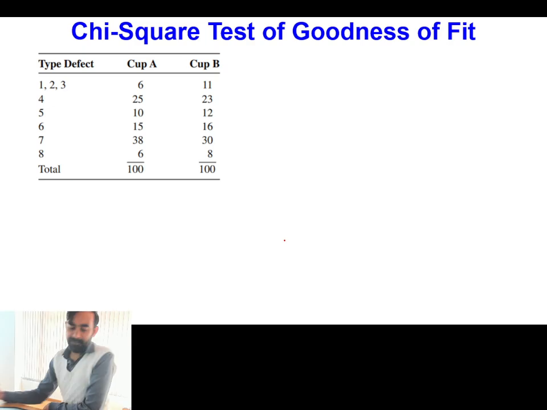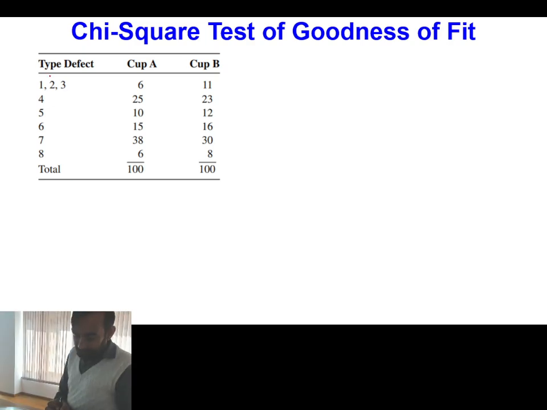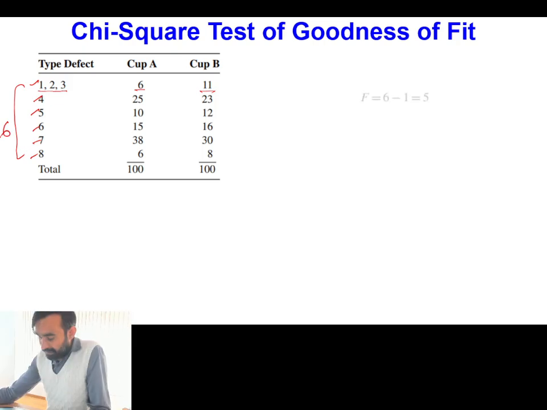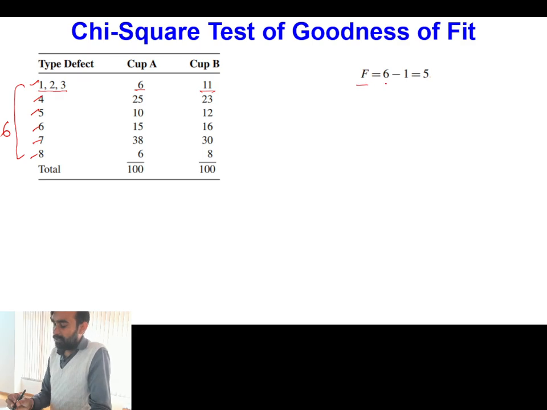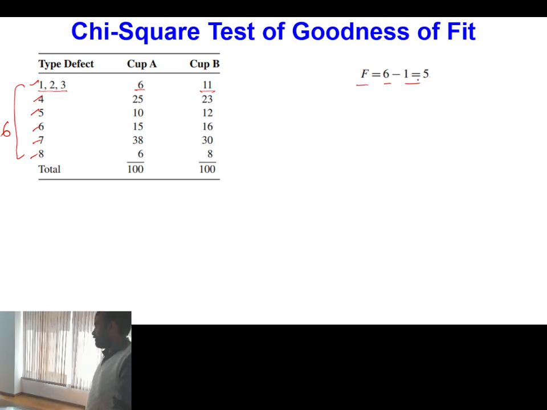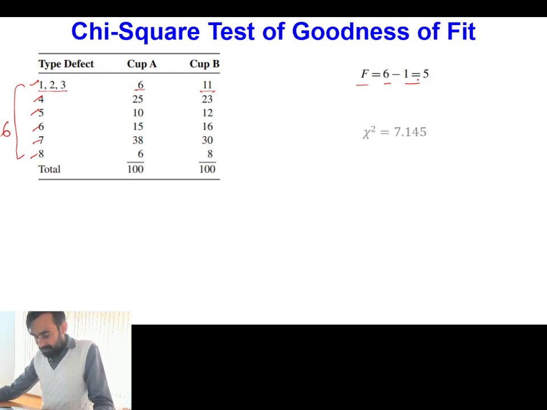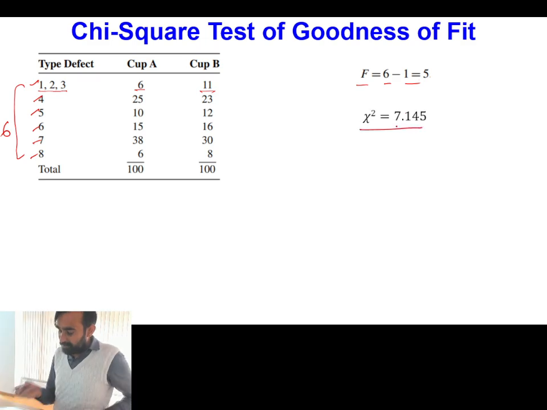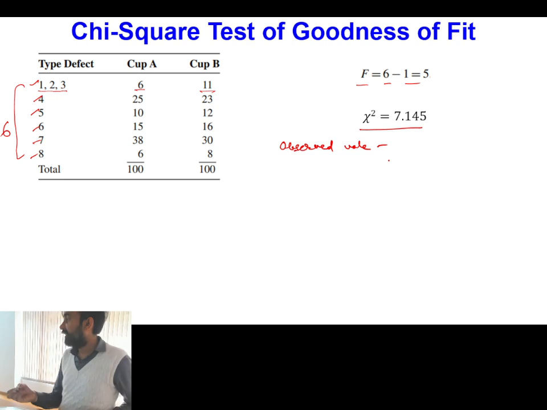So that is what we have done in the next slide. So here you can see the defect of type 1, 2 and 3 is clubbed together, and this is 6 and 11, and the total number of defect categories now is 6. Okay, so in this scenario, if I have to calculate the value of f, this will come out to be 6 minus 1, which is equal to 5. And how to calculate the value of chi-square? Observed value minus expected value.